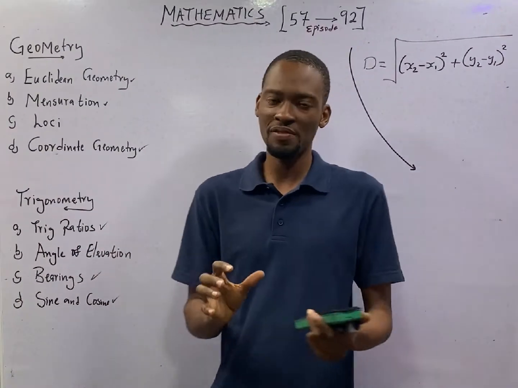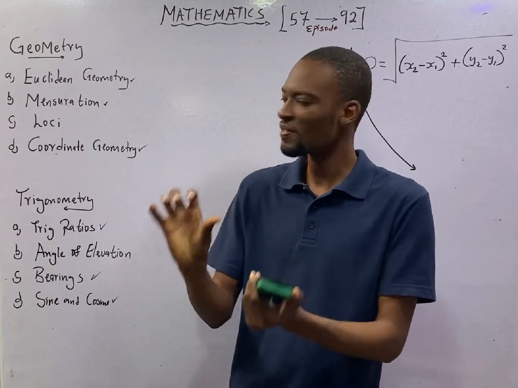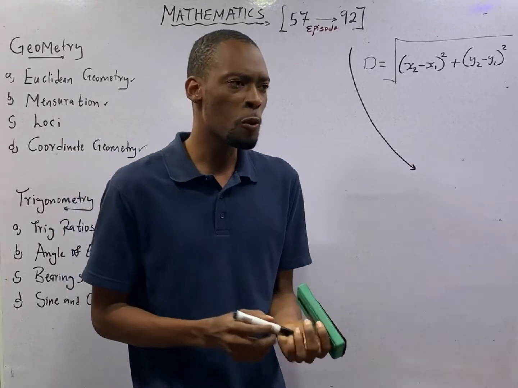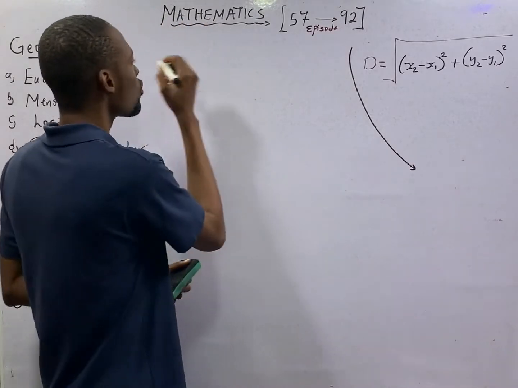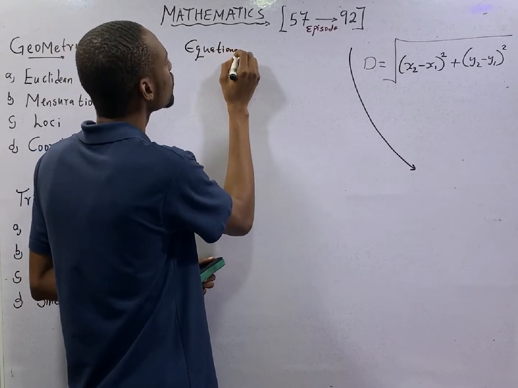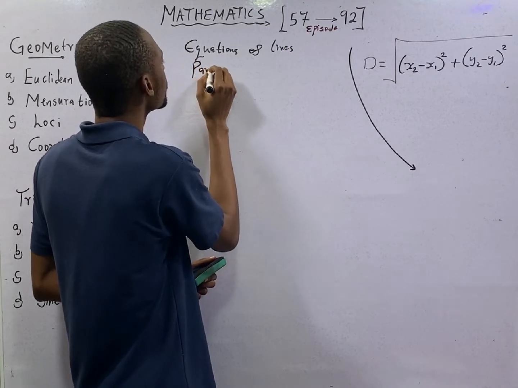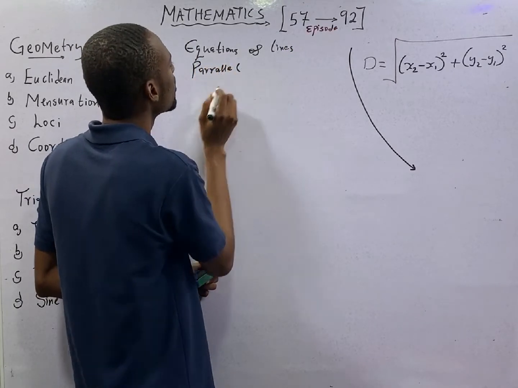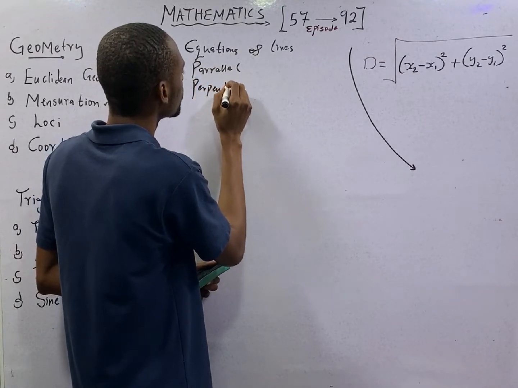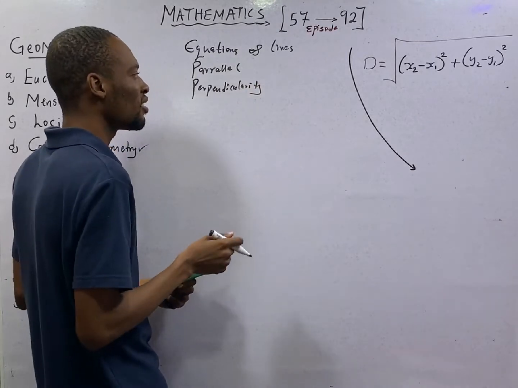This is episode number 73 of the 120 Days to Jamb Mathematics with Flash Isaac. In this episode, I shall be introducing you to equations of line in coordinate geometry, parallelism or parallel line, perpendicularity, or orthogonality.